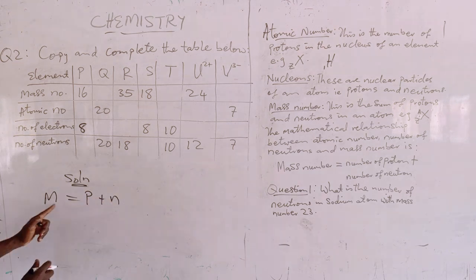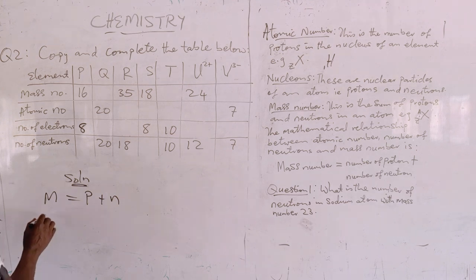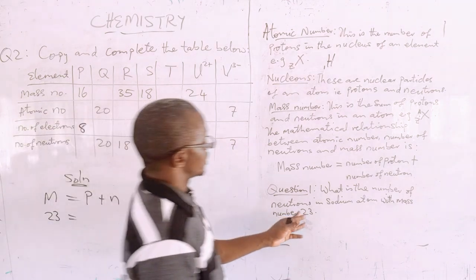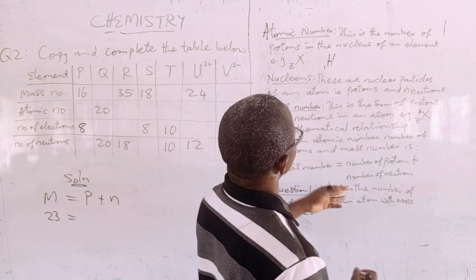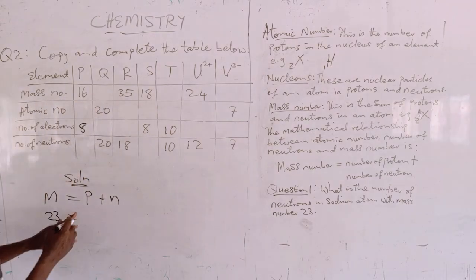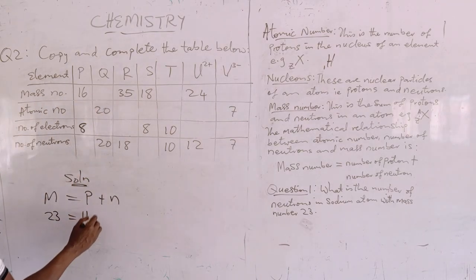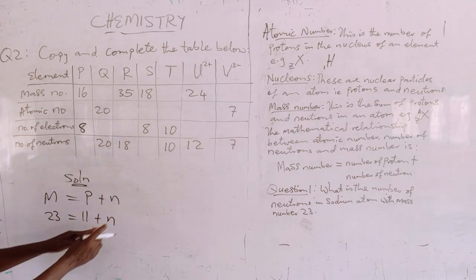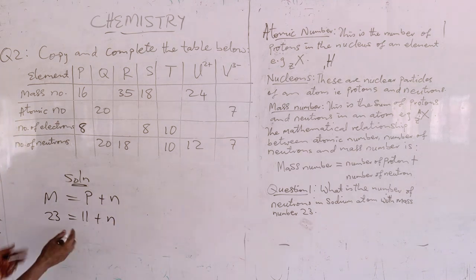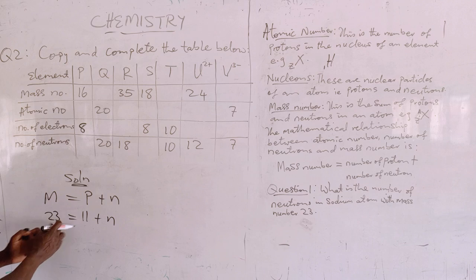They have given you the mass there, and mass is 23, equal to proton. Whether they have written it or not, if you know the atomic number to be 11, that means the number of protons is 11, plus n that you don't know, which is what they ask you to calculate. So now take this to this side.